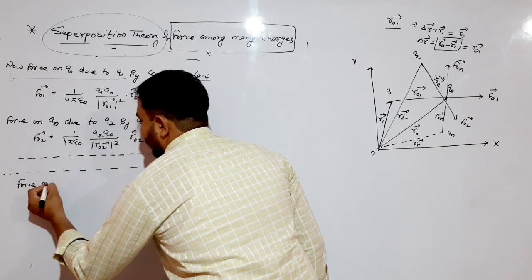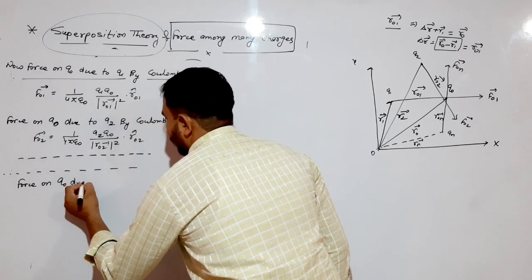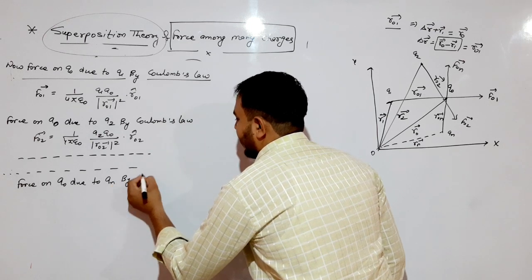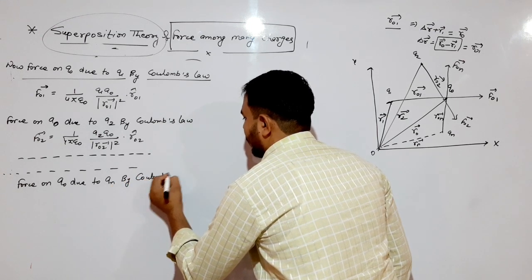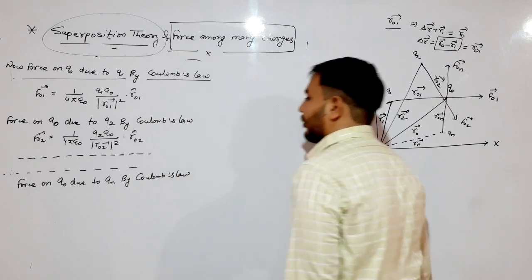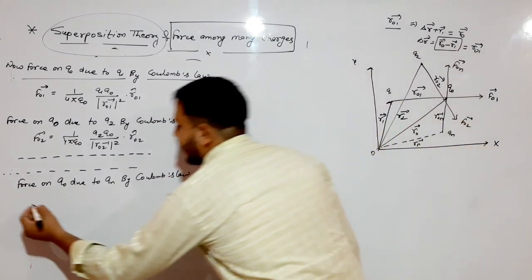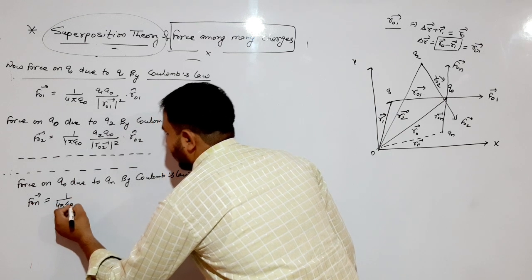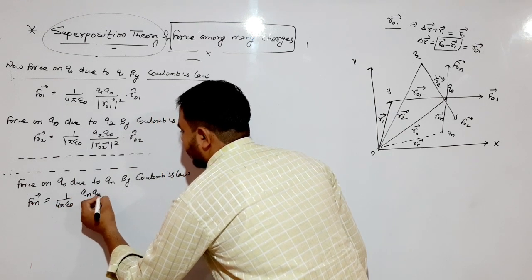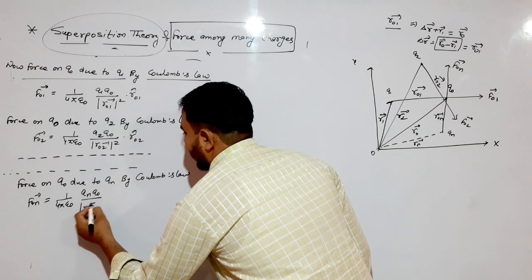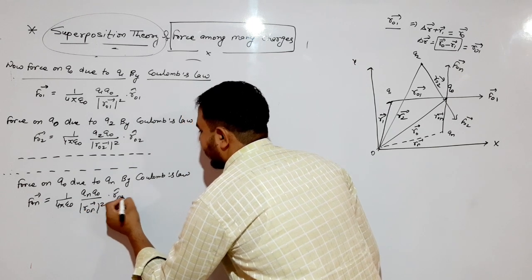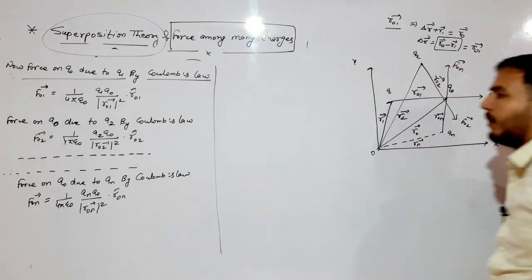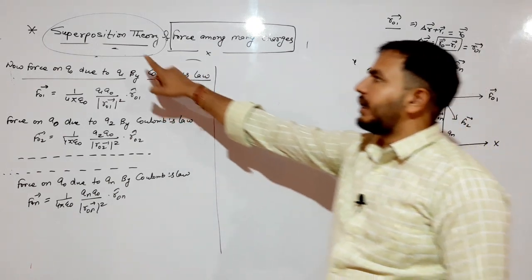Force on Q0 due to Qn, by Coulomb's law, F0n is equal to 1 upon 4 pi epsilon naught Qn Q0 upon r0n square, times r0n cap. Clear? We use the superposition theory here.